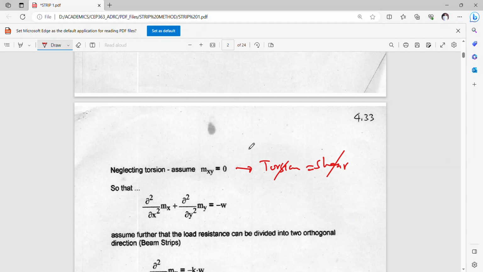The reason for that is because the slab has boundaries in two directions, therefore the torsional requirement is normally counteracted by the shear capacities due to redistribution.